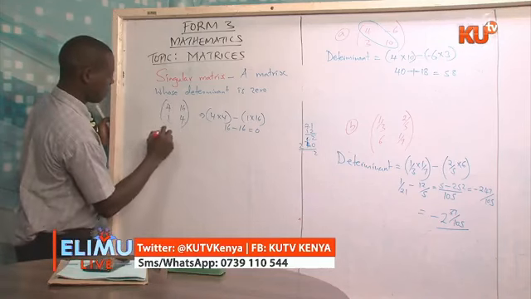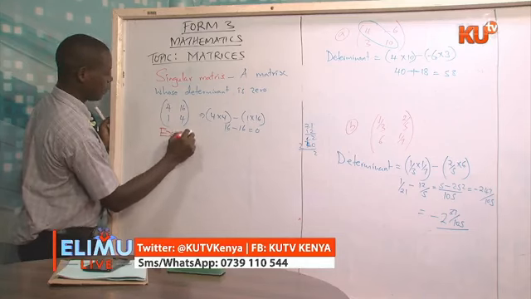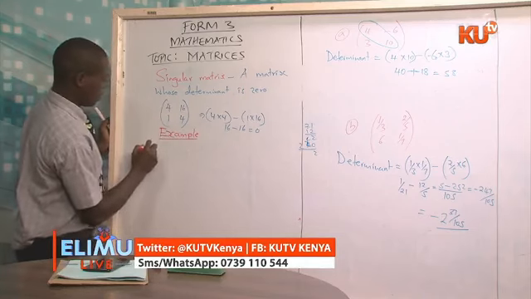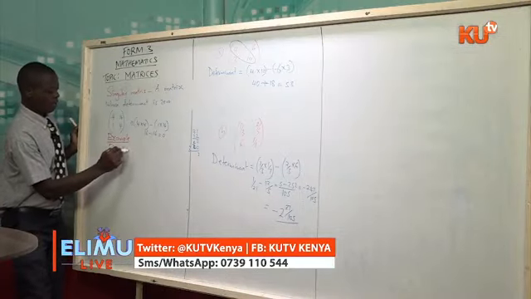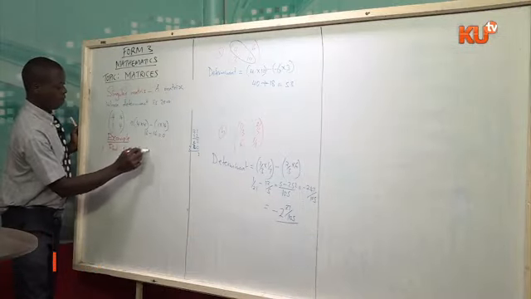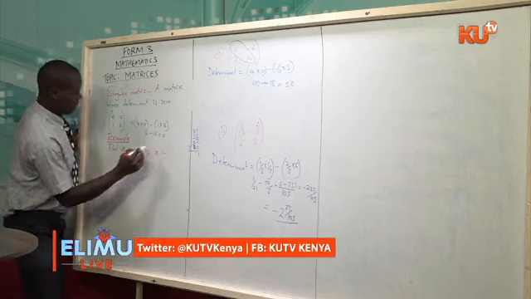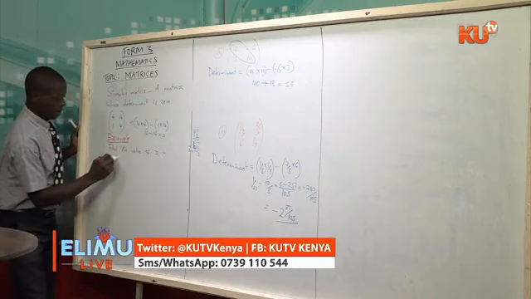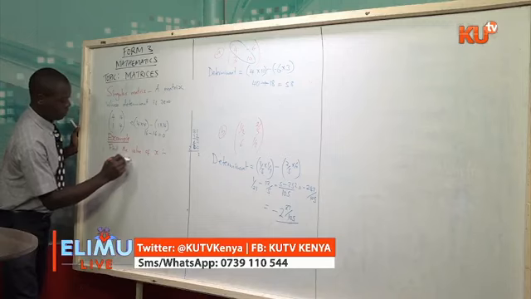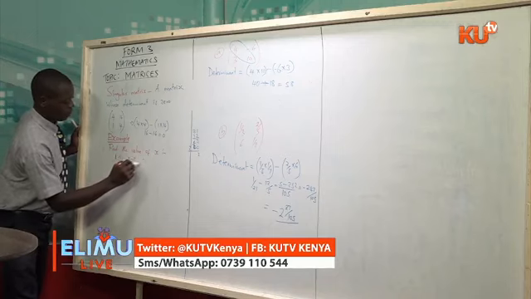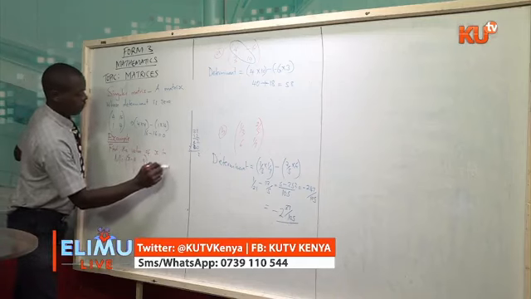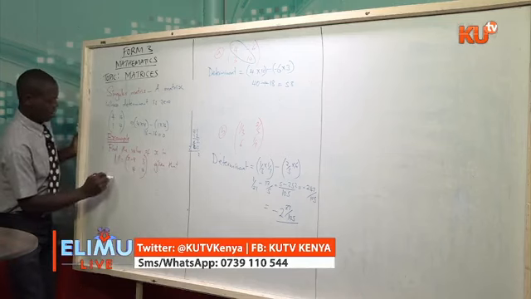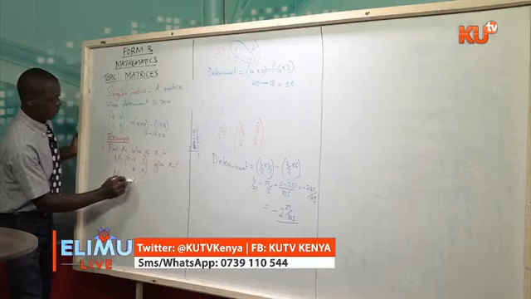An example to this effect: number 1, you're told, find the value of x in M equal to x minus 4, 3, 4, 10, given that M is a singular matrix.